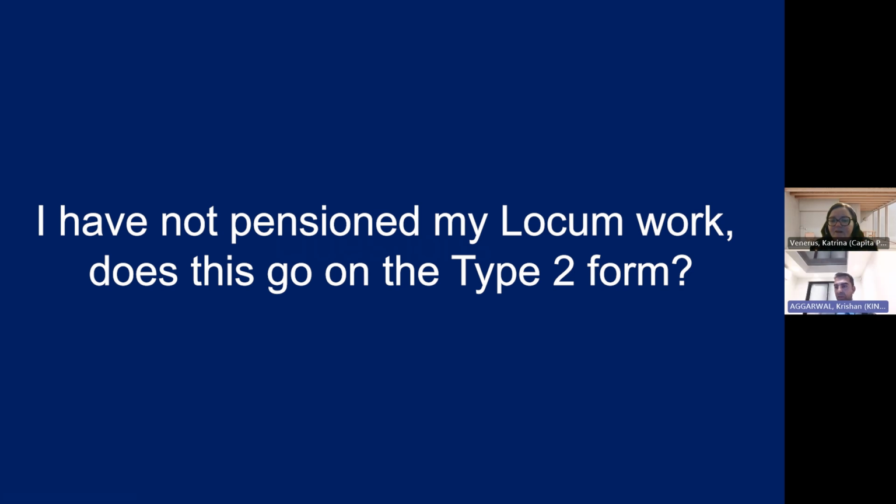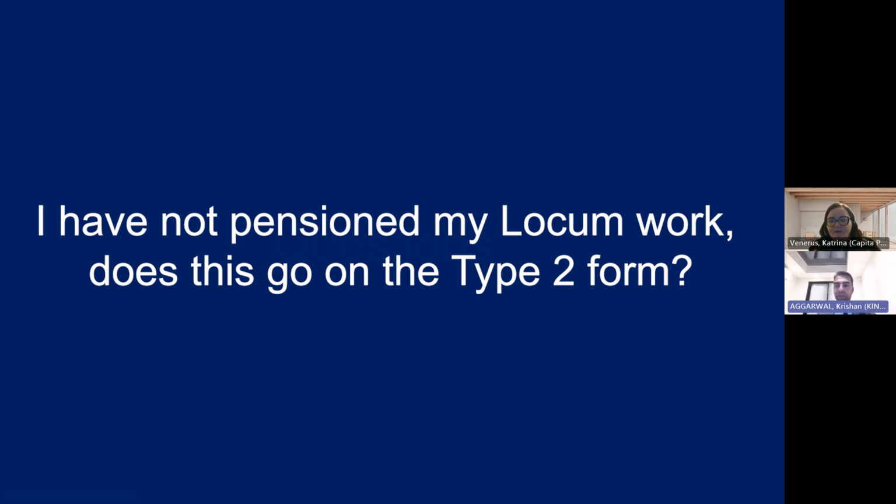There's one question here about locum work done where you've not added to the pension scheme. If you've done locum work and you've not claimed pension on it, then it's not pensionable pay and therefore would not go on the type 2 form as long as you've got a salaried or other role. But just for a moment, with my other hat as a BMA, it may be worthwhile for you to look at some of the BMA material that we've put out, because we strongly recommend that you pension all income. But that's outside of today's conversation.